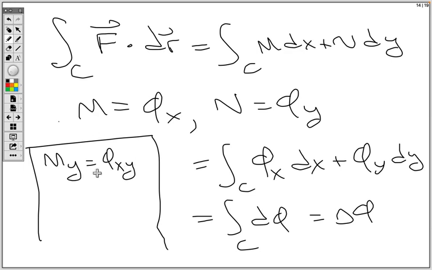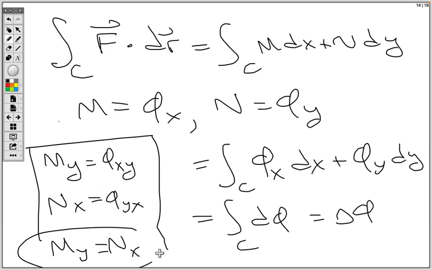That'd be phi xy, and then that would have to be phi yx, which would be nx, and that's where we came up with our exactness condition: my equals nx. Or, in terms of curl, nx minus my is 0.